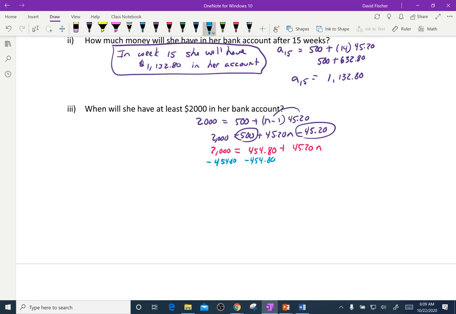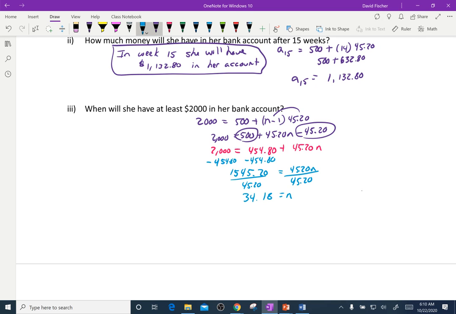I'm getting 1545.20. Last step. I'm getting 34.18 with lots of decimals.